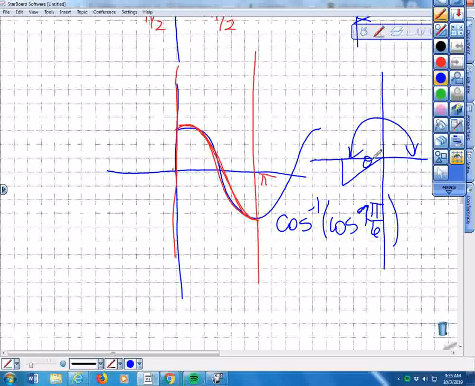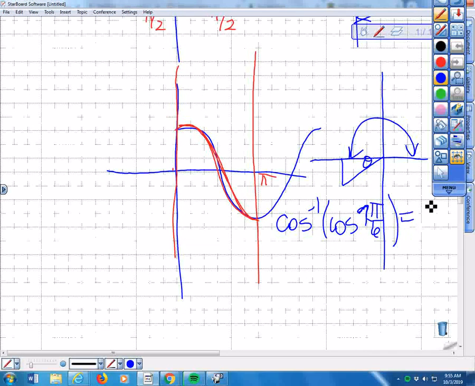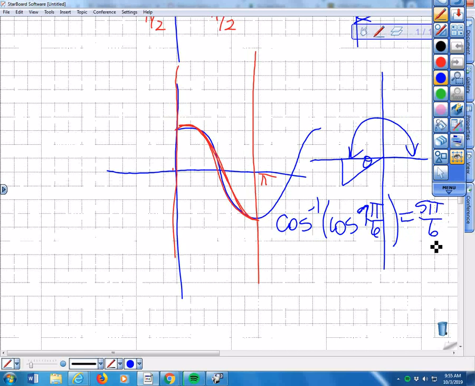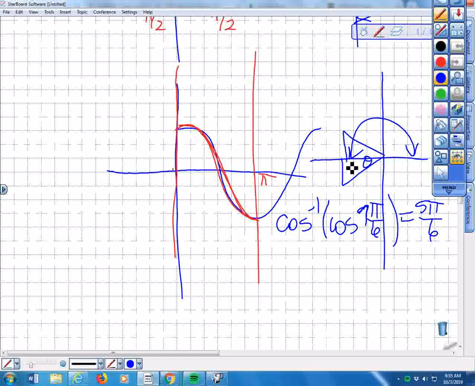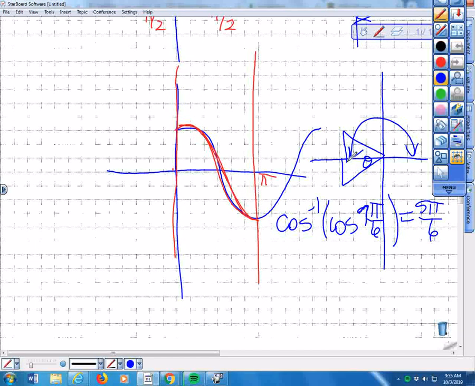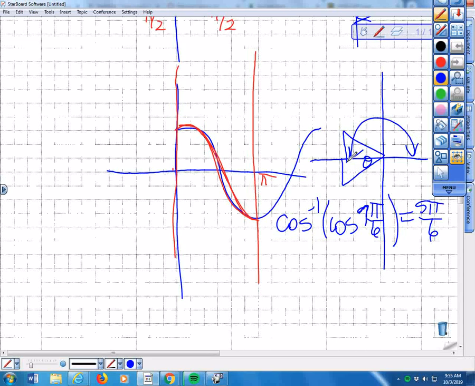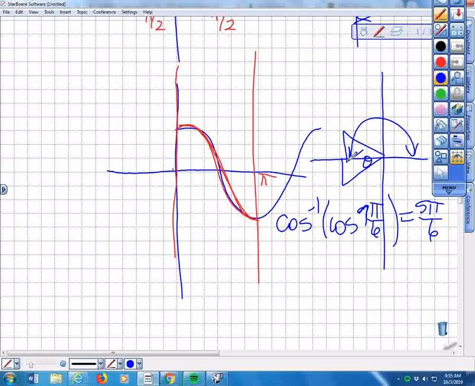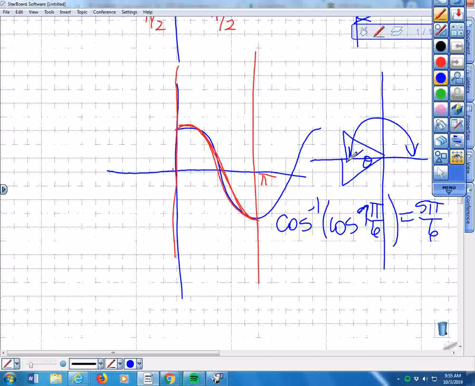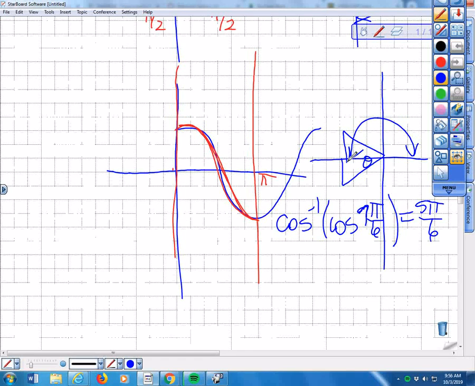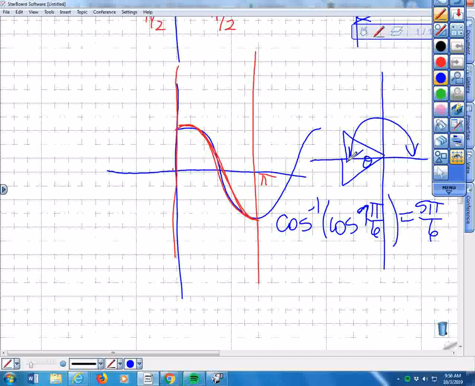So the answer to this question is 5 pi over 6, because at 5 pi over 6, cosine is the same value. You follow? Okay, this is why we restrict the domain, and why with composite functions your logic has to go in this way.